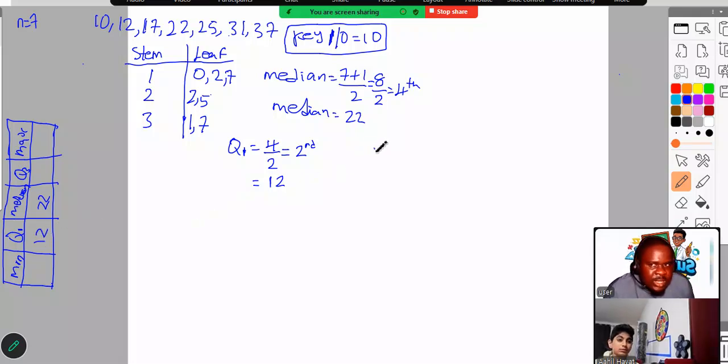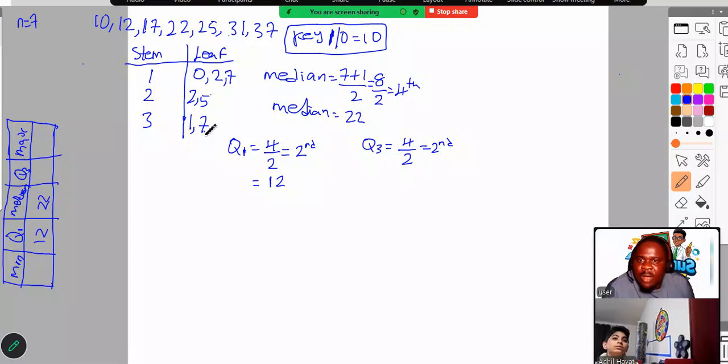Then let's solve for our third quartile. Okay? The third quartile is still the same thing. The median position divided by 2, which will still give us 2. But while counting for the third quartile, we count from below. Note this. Counting for the first quartile, we count from up, from the uppermost value here. But counting for the third quartile, we count from below.